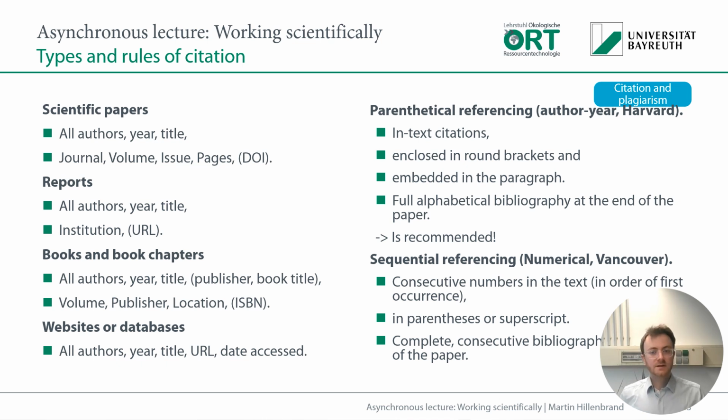The author name and the year are enclosed in round brackets and embedded in the paragraph you want to cite. And a full alphabetical bibliography is appended at the end of your paper or your work, and that way you can always search for the author and find what paper or book you are referencing.